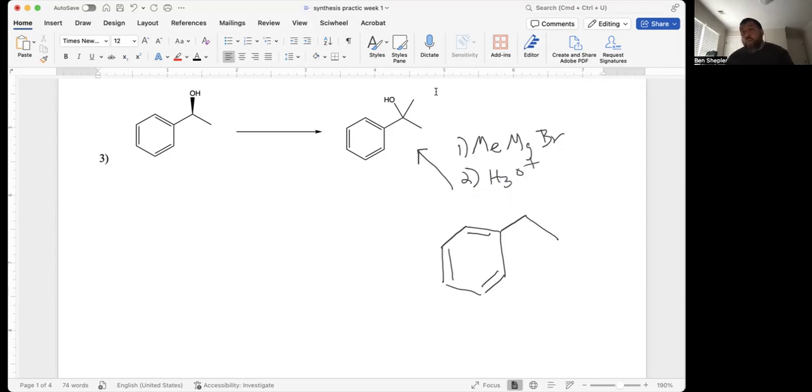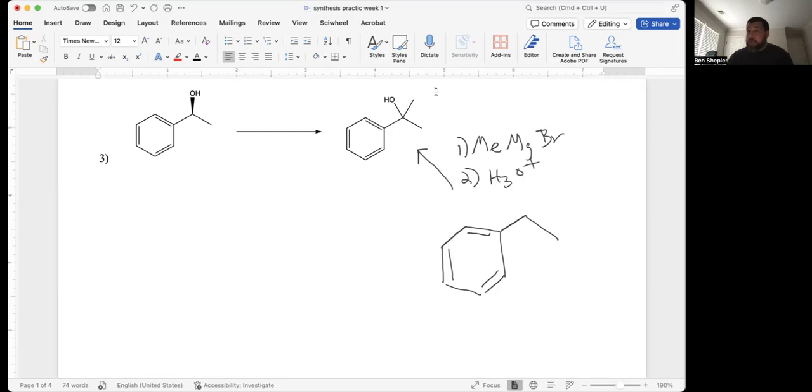And then there are a couple right answers. But if I just want to add one R group, what functional group should my starting material have? Yeah, Nahum, exactly right.